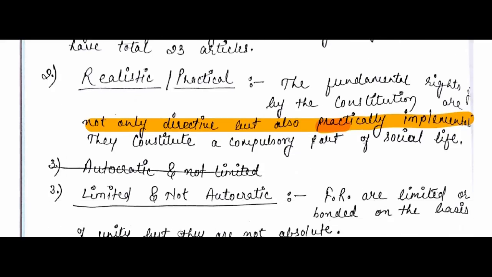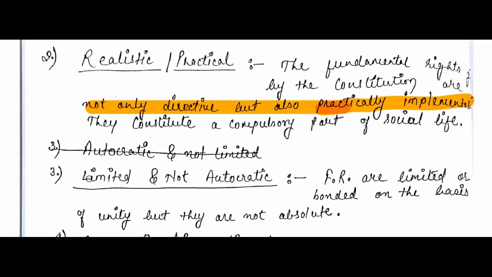Okay. Next feature is limited and not autocratic. Fundamental rights are limited or bounded on the basis of unity, but they are not absolute. What does it mean here? They are limited, like fundamental rights are not unlimited.